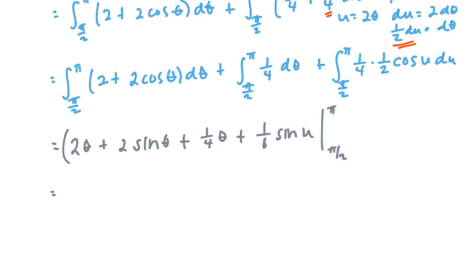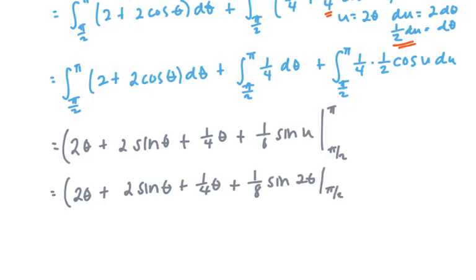So now we need one more line here before we can actually do the math. 2 theta plus 2 sine theta plus 1/4 theta plus 1/8 sine of 2 theta from pi over 2 to pi.